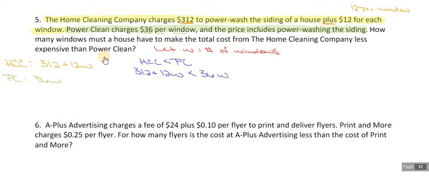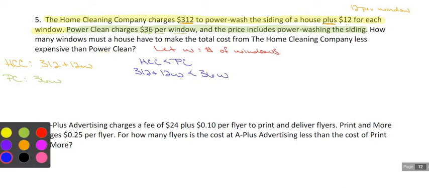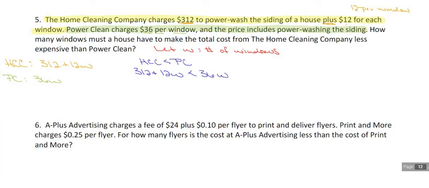So this is a case where we have variables on both sides. Therefore, we want to choose the side with a larger number, and that's the right in this case. So that means I'm going to subtract 12W from both sides, which leaves me with 312 is less than 24W.